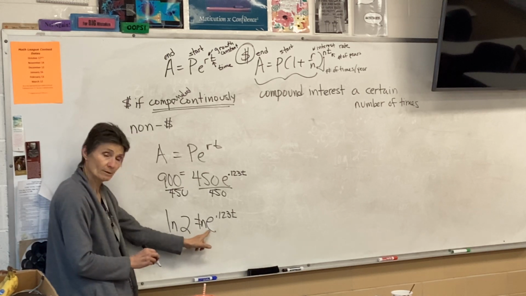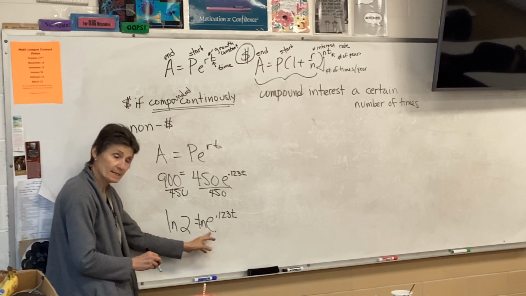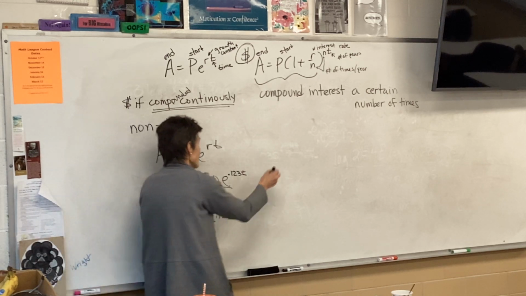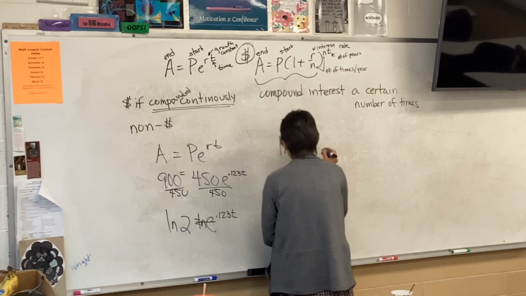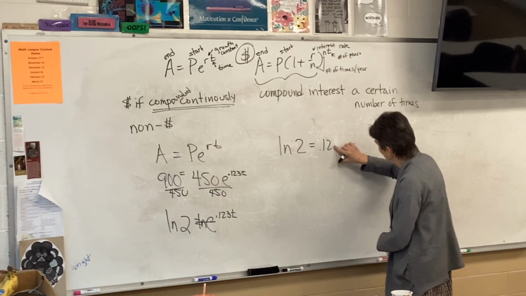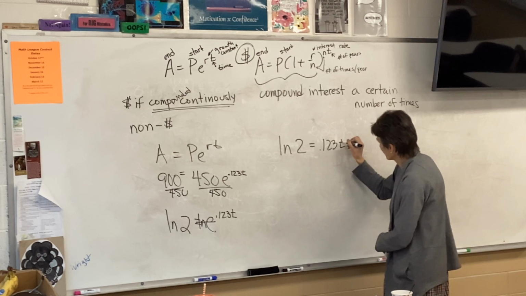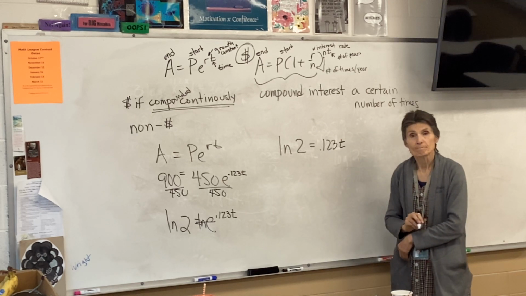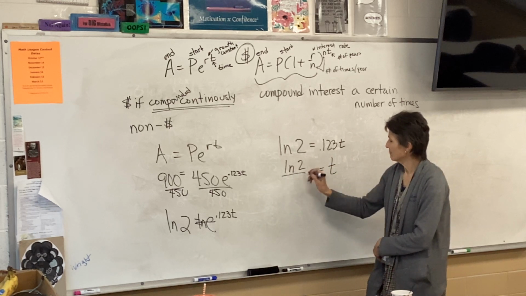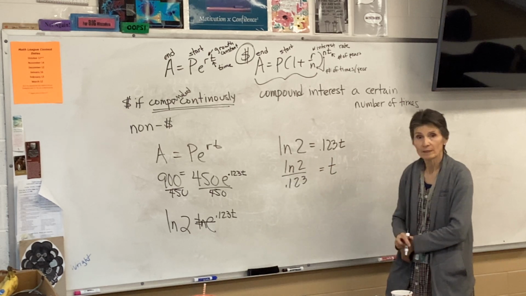What happens right here when you ln and e? Why, they cancel. So ln2 equals 0.123t. And t equals ln2 divided by 0.123.